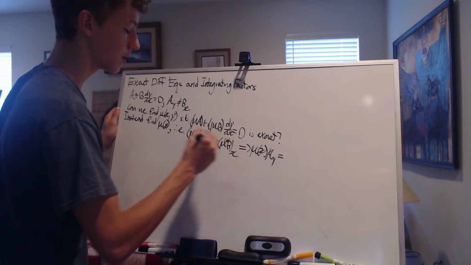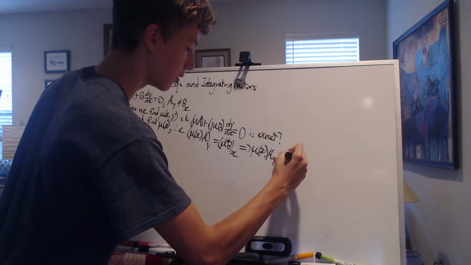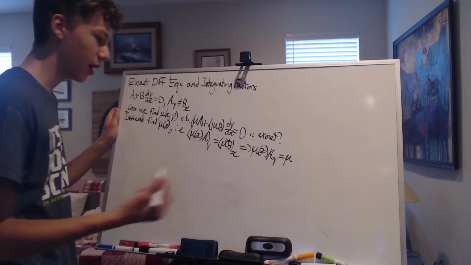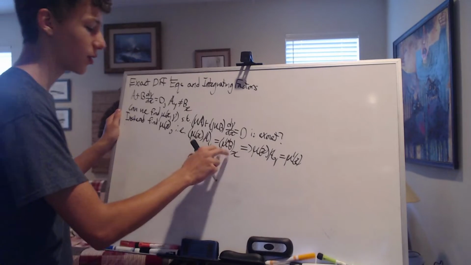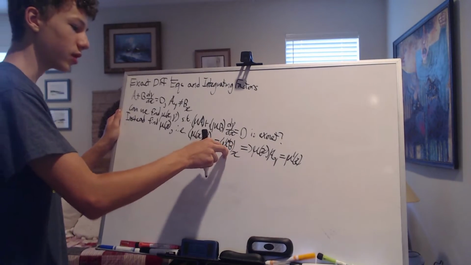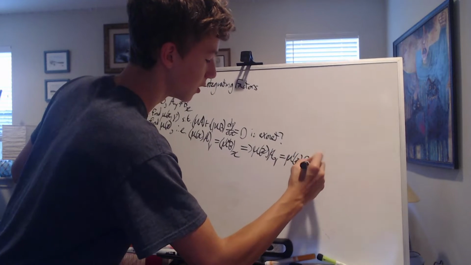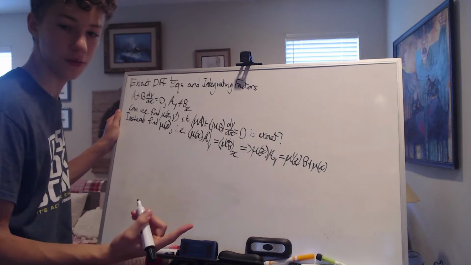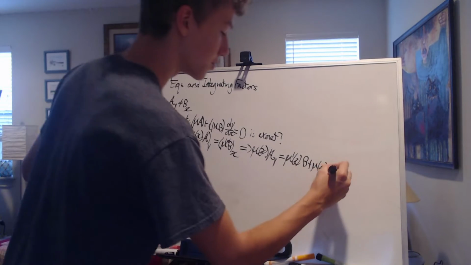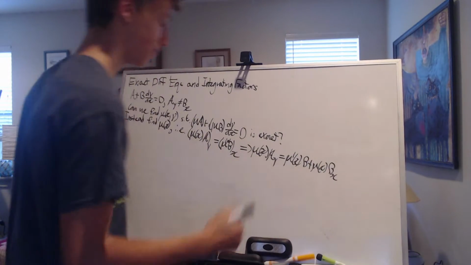Since mu is a single variable function of x, differentiating it with respect to x gives mu prime of x, times b, plus mu of x times b sub x, right?